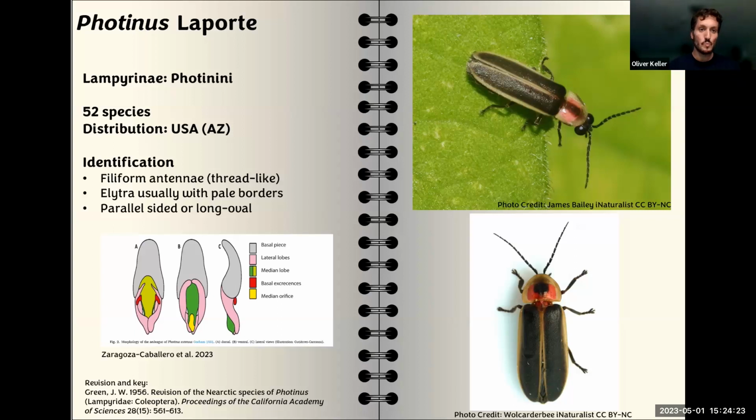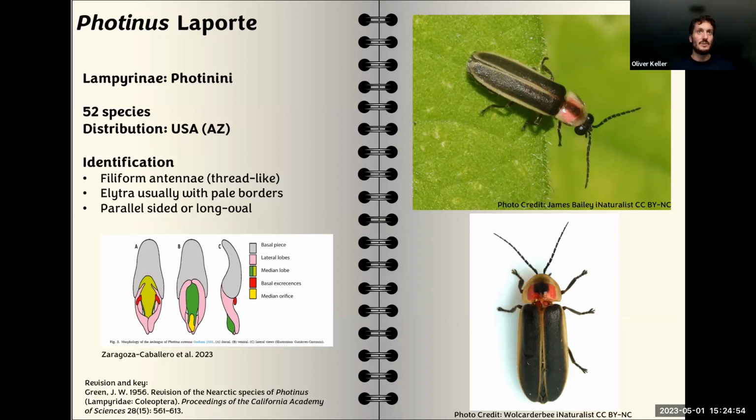For identification, they have filiform antennae, those thread-like antennae, with 11 segments. The elytra, the forewings, usually have a pale lateral border which goes around the elytron, on the outside but also in the middle where the elytra meet. They are parallel-sided or long oval.